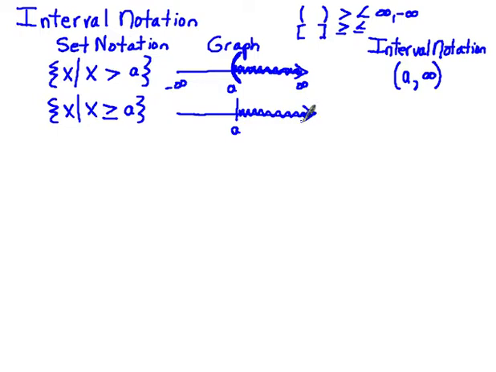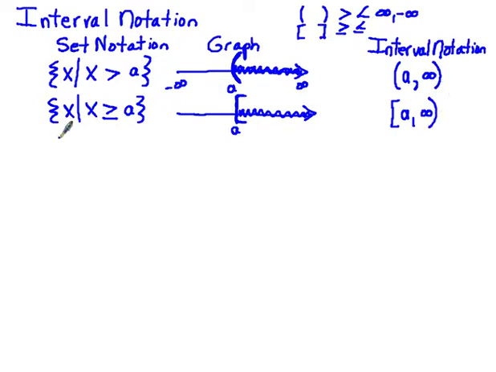But this time, since I've got greater than or equal to, I'm going to use my bracket on A. So when I look at the interval notation, it goes from A to infinity, and then A gets a bracket, but infinity always gets the parentheses.